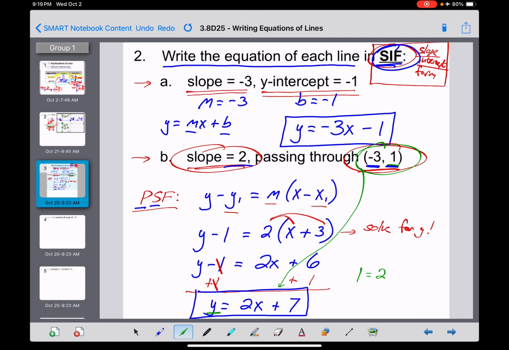That equals 2 times an x coordinate of -3, and then a +7 at the end of all that. So 1 equals 2 times -3 is -6, and -6 plus 7 is 1. We ended up with a true statement, so I feel pretty good about this answer, and that is in fact the correct answer for B.